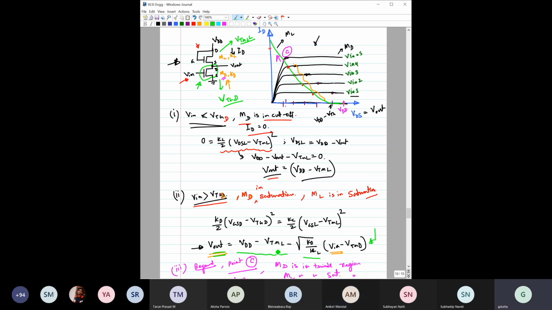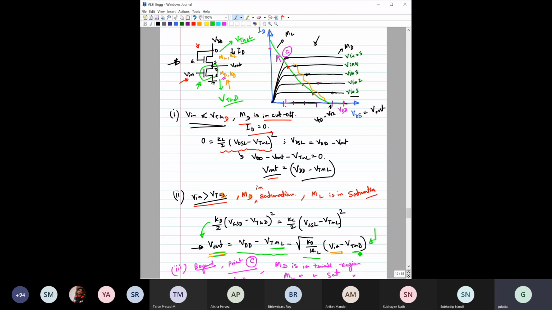Okay, here this VTNL is outside, right? I guess you were asking why it is here VTNL, not VTH of the load. I think if you simplify this, it would come to this equation only.